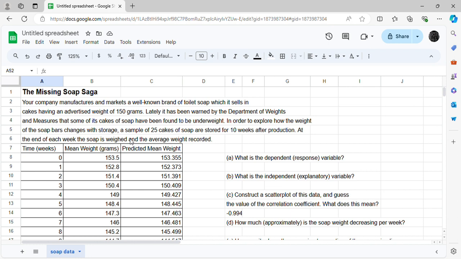In order to explore how the weight of the soap bars changes with storage, a sample of 25 cakes of soap are stored for 10 weeks after production. At the end of each week, the soap is weighed and the average weight recorded.